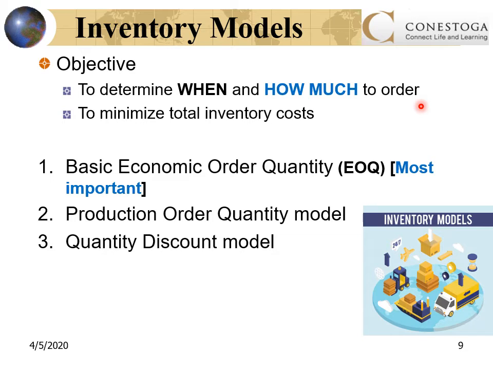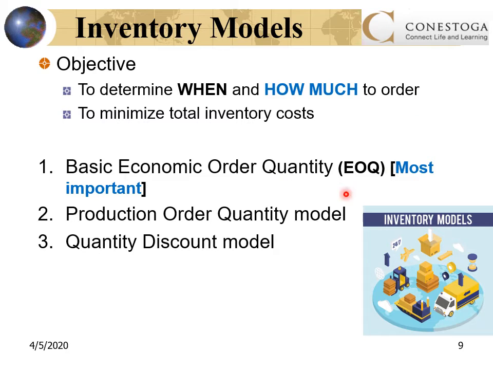And always remember that the focus is to minimize the total inventory cost. The inventory cost, as we have seen earlier, depends on the product cost, the holding cost, and the ordering cost.